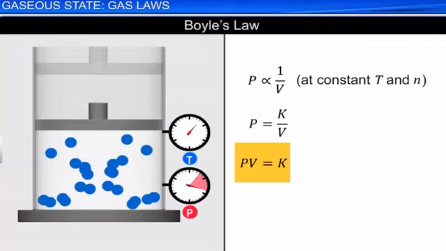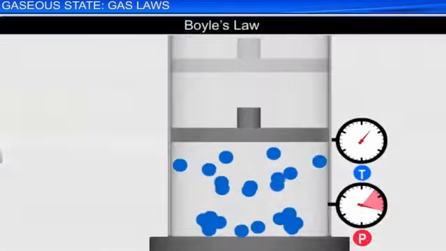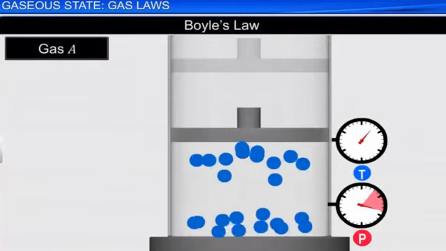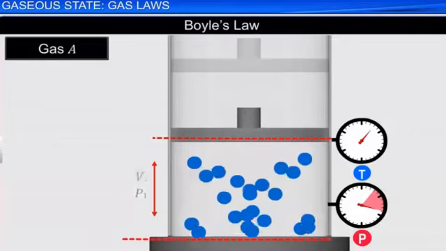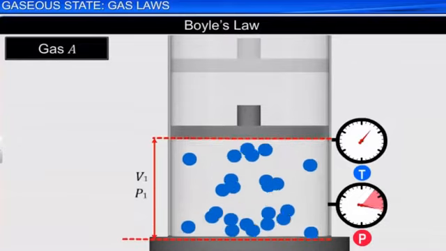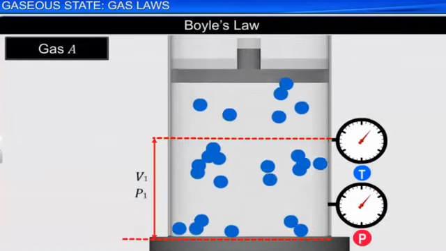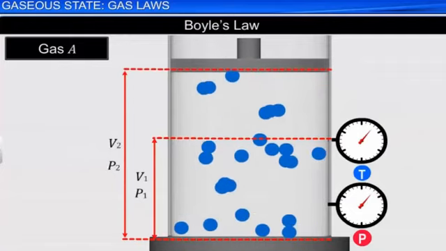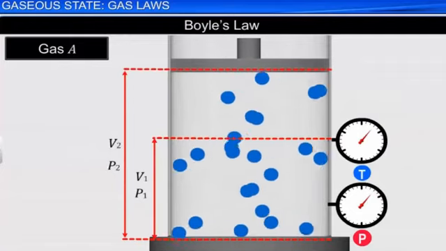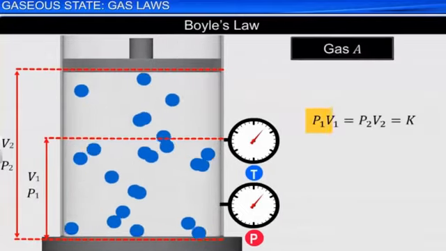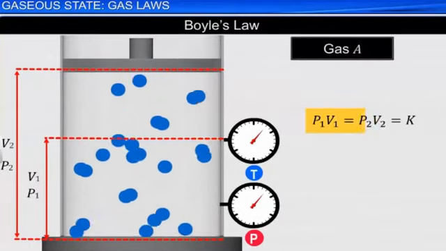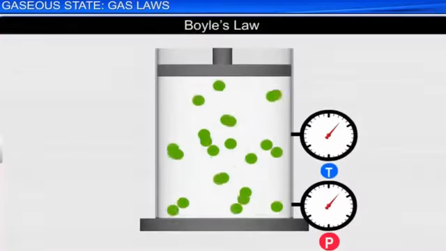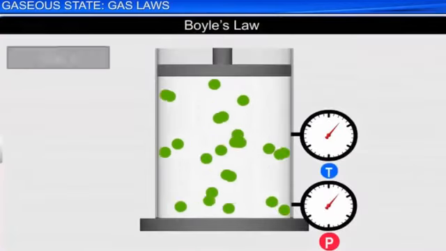For example, if n moles of a gas A occupying volume V1 at pressure P1 expands to volume V2 and pressure P2 at constant temperature, then P1V1 is equal to P2V2, which is constant. Now consider n moles of gas B at pressure P1 and volume V1.